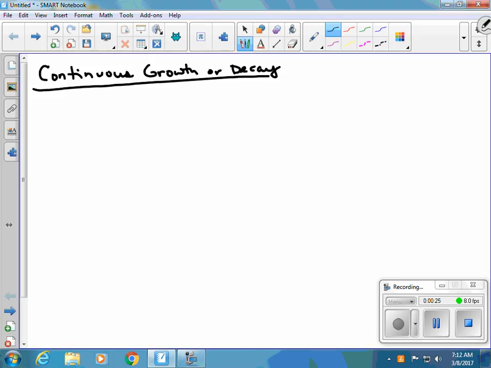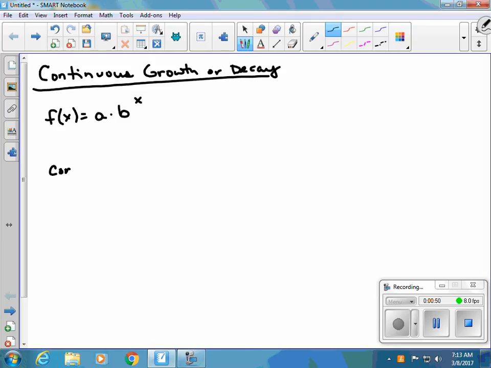So when we're looking at a general exponential function, it's in the form f of x equals a times b to the power of x, where a is our initial amount and b is our growth factor or decay factor. Well, if it's continuous, we actually know what the growth factor is.